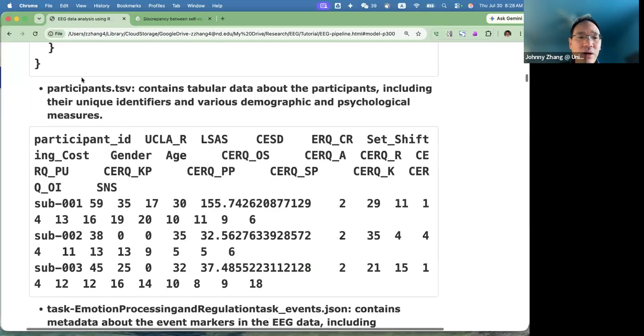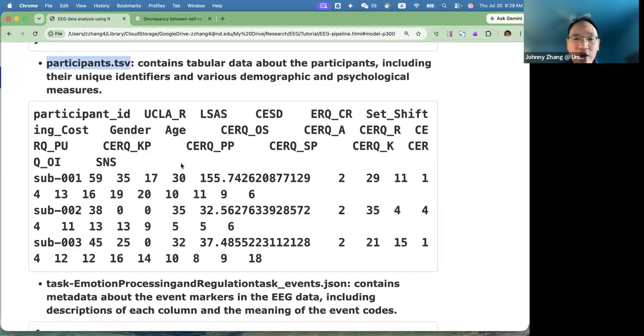Then we can go to the participants.tsv file. This actually includes the actual data for each participant.